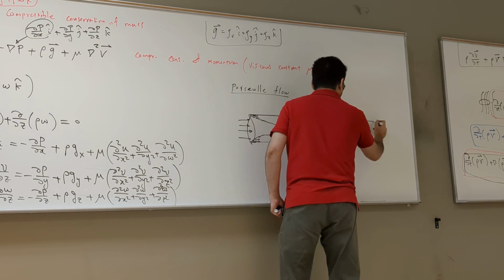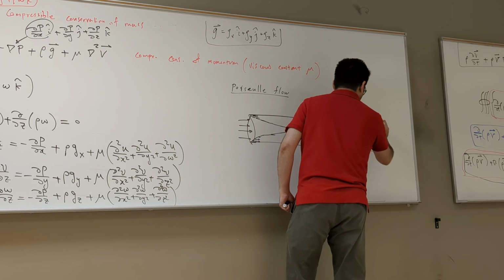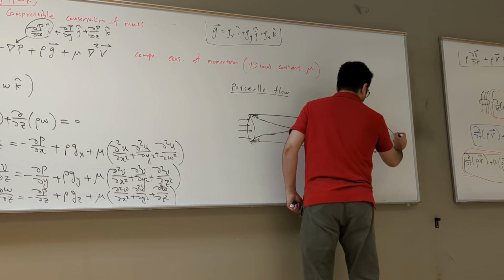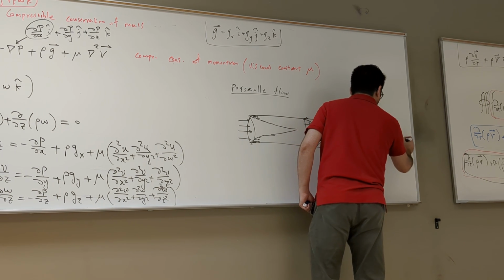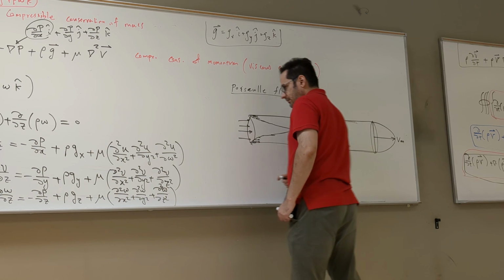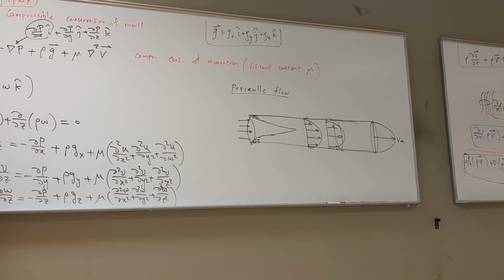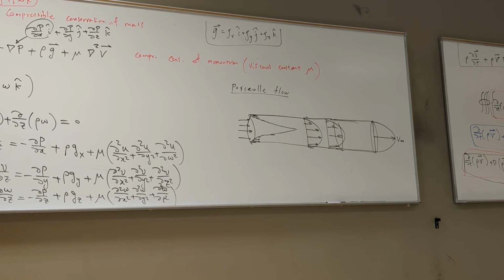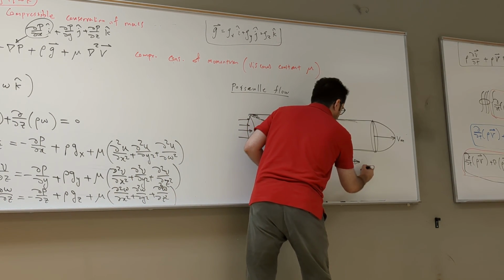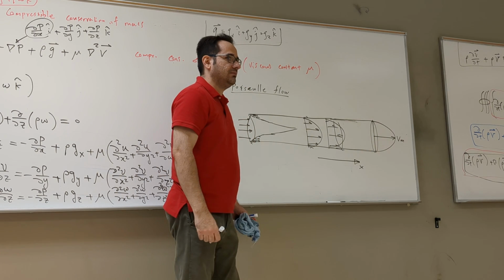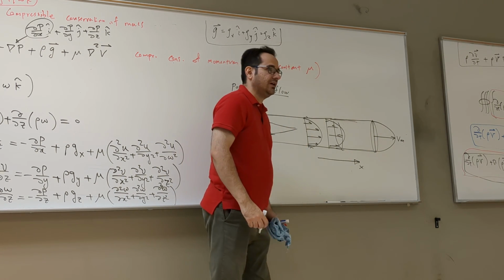So if you continue into infinity, you have a velocity profile like that. It's maximum, Vmax, at the center, and it's 0 on the walls. You see that? And the pattern is pretty much the same. If you take this as your x-axis, you can take it as y or z, but I want to take that as my x-axis.